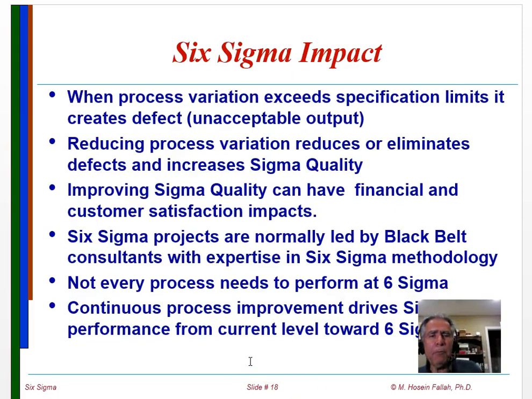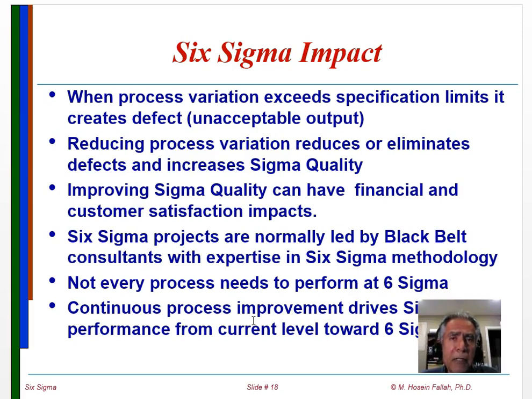So, Six Sigma impact. As I talked about before, in Six Sigma we're talking about variation, process variation, and producing defects. When process variation exceeds the specification limit, it creates a defect, and defects have a negative impact on financials and customer commitments, and could result in delays of the project and so forth.